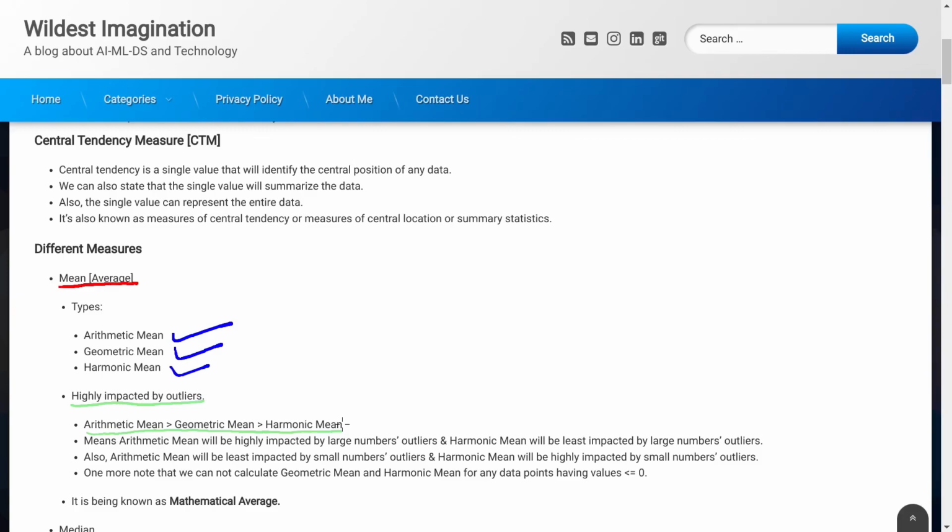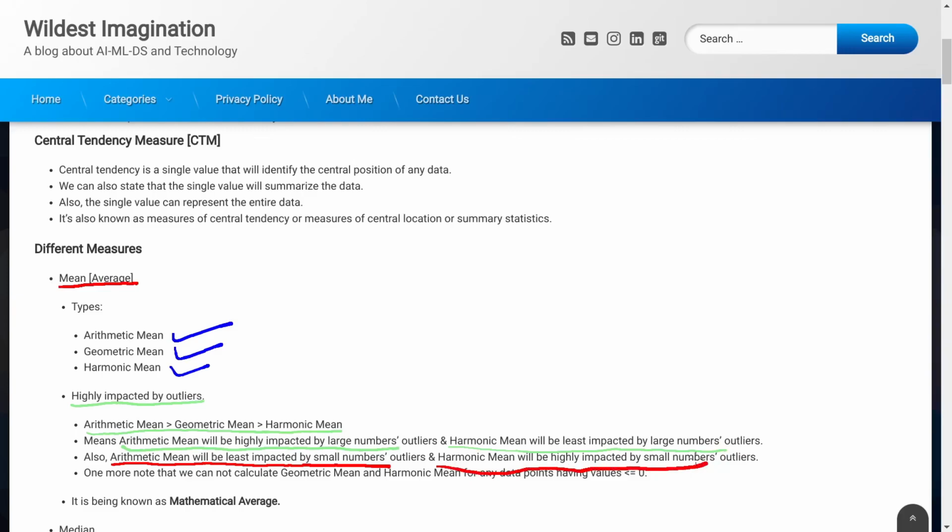If we drill down more, we can see that the arithmetic mean will be highly impacted by large numbers, whereas the harmonic mean will be least impacted by large numbers. On the contrary, the arithmetic mean will be least impacted by small numbers, whereas the harmonic mean will be highly impacted by small numbers.